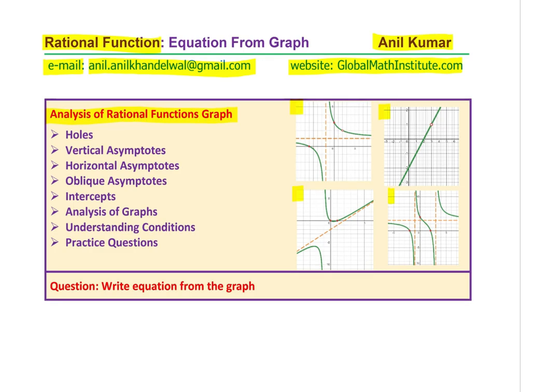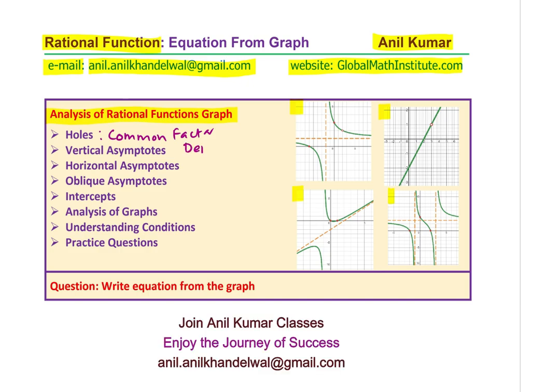So with that, let me conclude a few things which we have learned. When we say holes, it really means a common factor. When we say vertical asymptote, we equate the denominator to 0. Horizontal asymptote, we have seen, is basically the leading coefficient of the numerator over the denominator, correct?